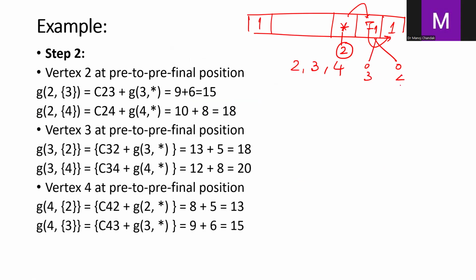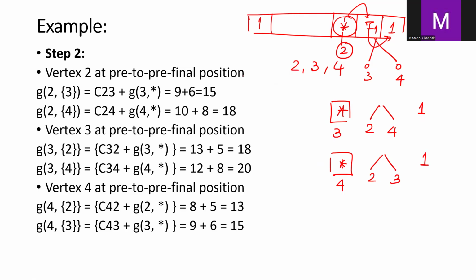Either 3 or 4. Similarly, if I am writing at asterisk 3, then the possible intermediates will be 2 and 4, and they will be allowing me to travel to 1. And if I am writing at asterisk 4, then the possible intermediates will be 2 and 3, and then allowing me to travel to 1.